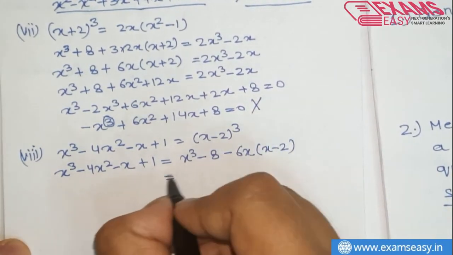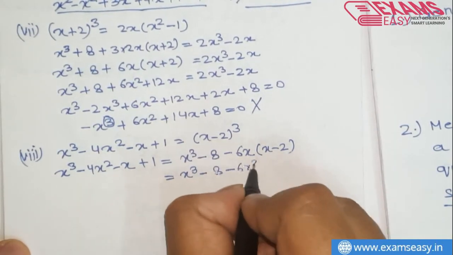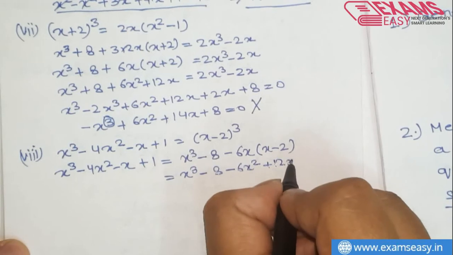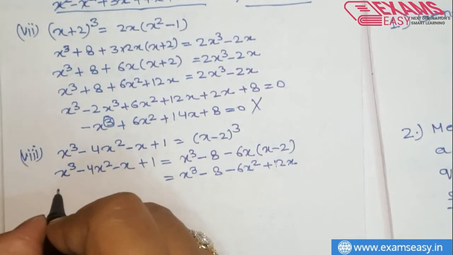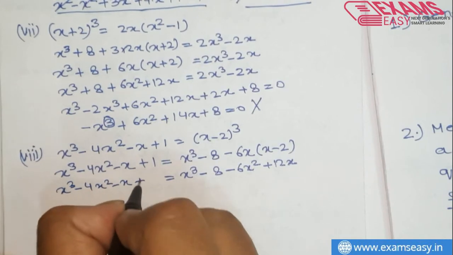Then we will multiply it, x cube minus 8 minus 6x square and plus 12x, and left hand side will remain as it is, x cube minus 4x square minus x plus 1.